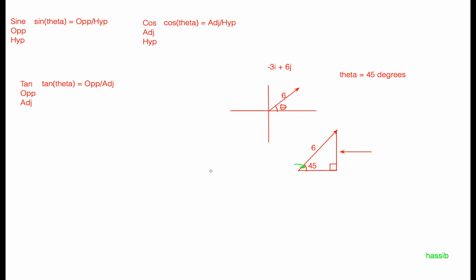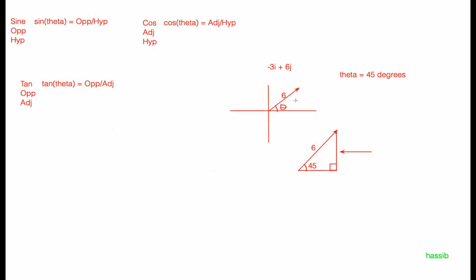Yeah. So between the three of these relationships, only two have the opposite, the sine and tangent. The only difference between those two is the denominator, the hypotenuse and adjacent.